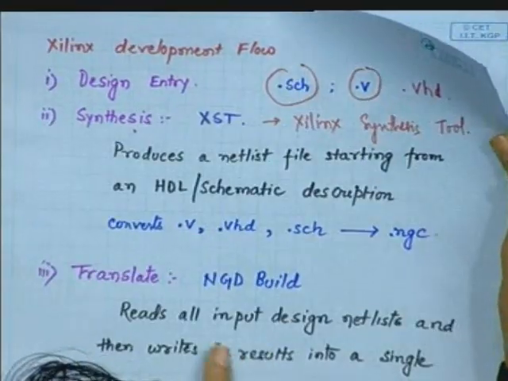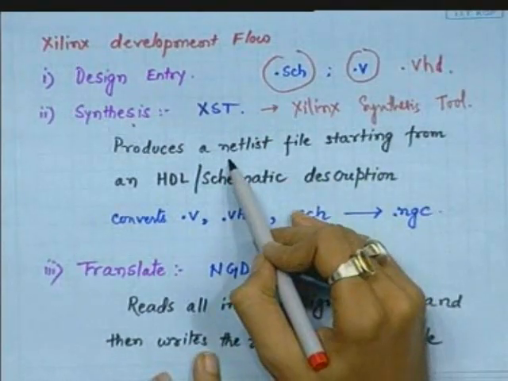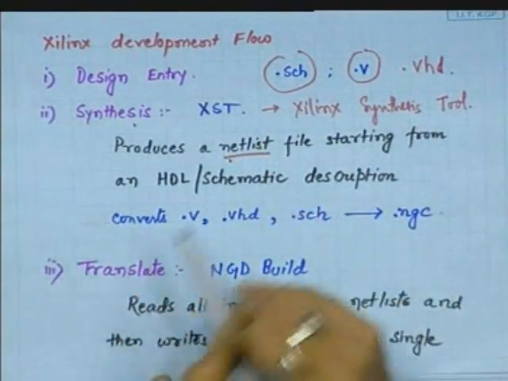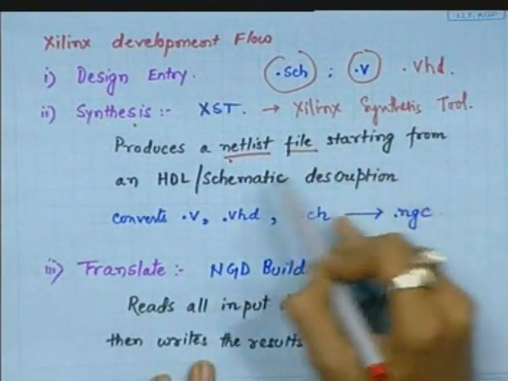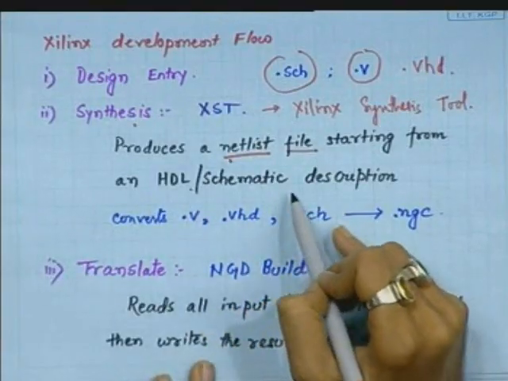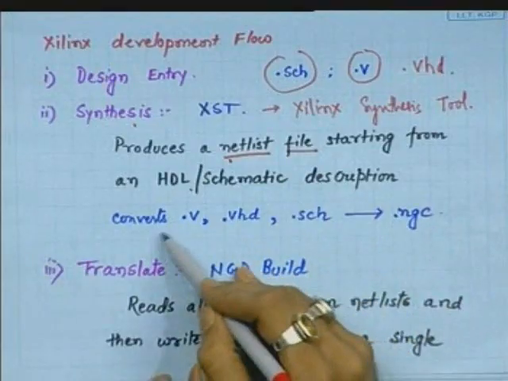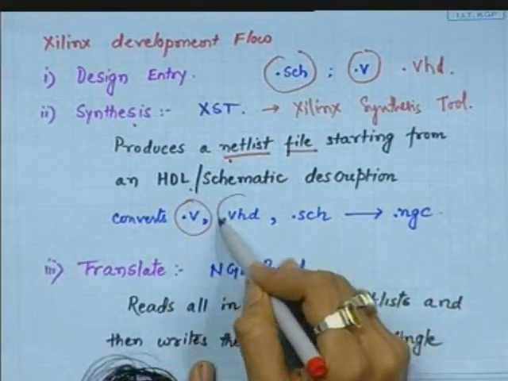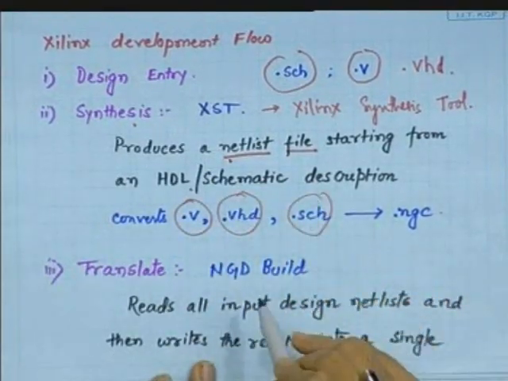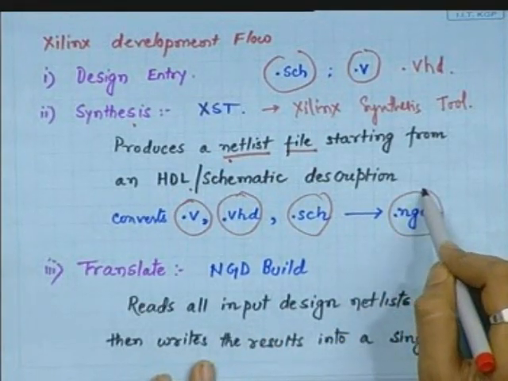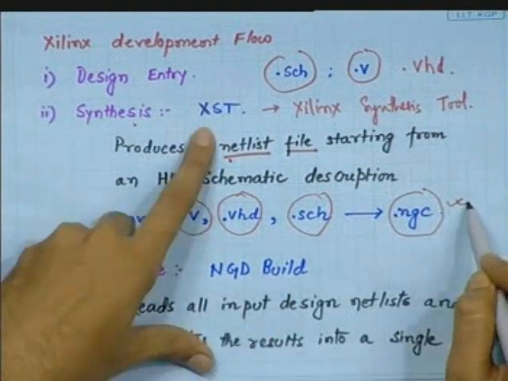It produces a netlist file starting from an HDL or a schematic description. XST takes .v, .vhd, .sch files and converts them into an .ngc file. What is an .ngc file? The netlist file.